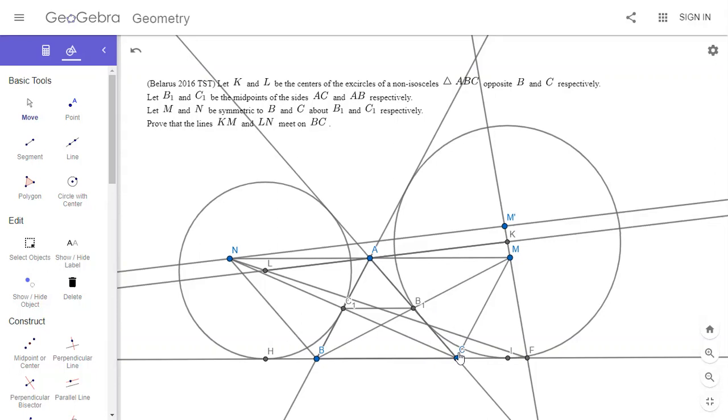So we are trying to prove N M dash and LK parallel, right? LK and M dash N. I think that might be what you said. Yeah, same thing.